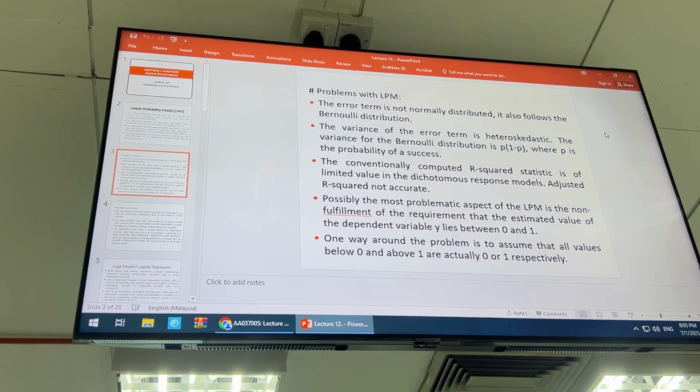The conventionally computed R squared statistic is of limited value in a dichotomous response model. Adjusted R squared is not accurate. And possibly the most problematic aspect of the linear probability model is the non-fulfillment of the requirement that the estimated value of the dependent variable lies between 0 and 1.